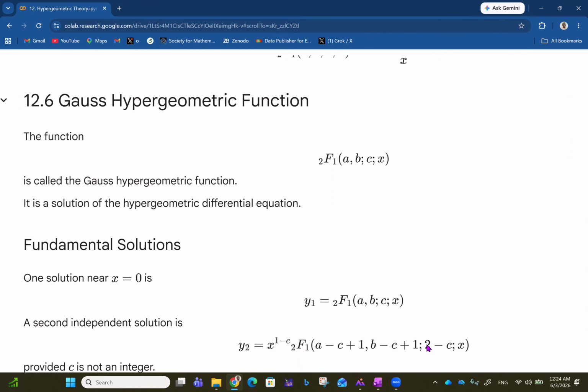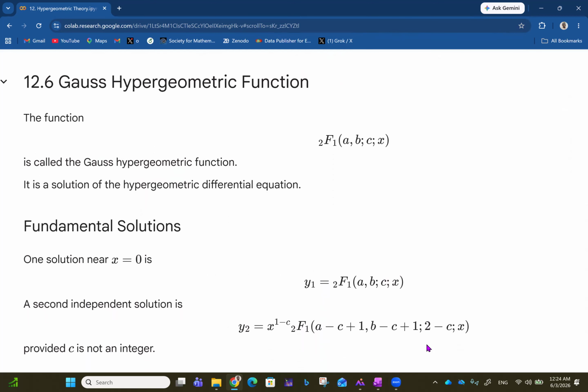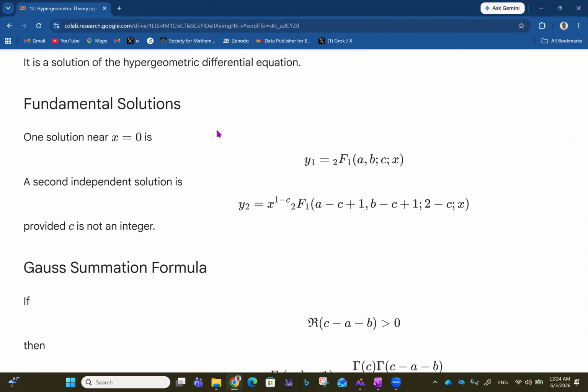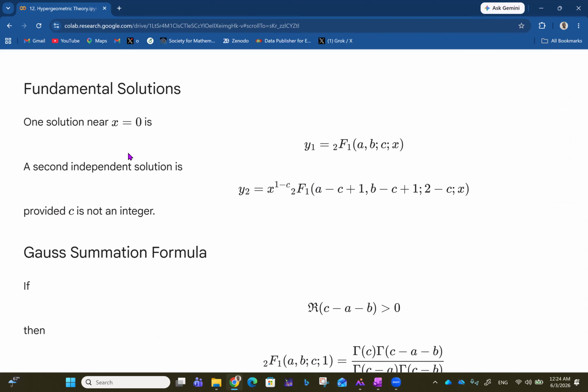So we move on to the Gauss hypergeometric function. The function 2F1(a, b; c; x) is called the Gauss hypergeometric function. It is a solution of the hypergeometric differential equation, just like we've seen before. And then talking about the fundamental solutions, one solution near x equals 0 will be y1, which is 2F1(a, b; c; x).